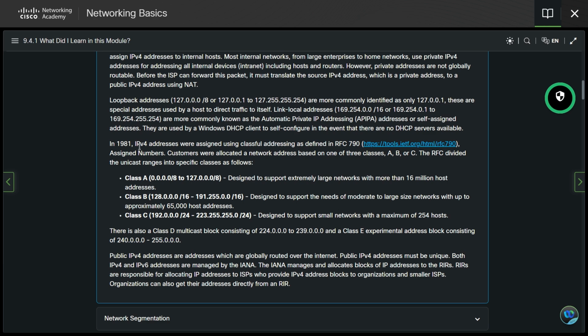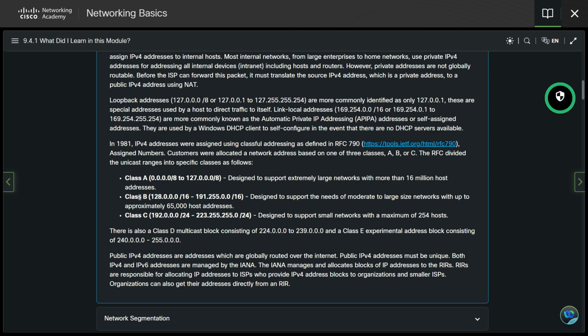In 1981, IPv4 addresses were assigned using classful addressing as defined in Request for Comments RFC 790, Assigned Numbers. Customers were allocated a network address based on one of three classes, A, B, or C. The RFC divides the unicast range into specific classes. The first is Class A, designed to support extremely large networks with more than 16 million host addresses.